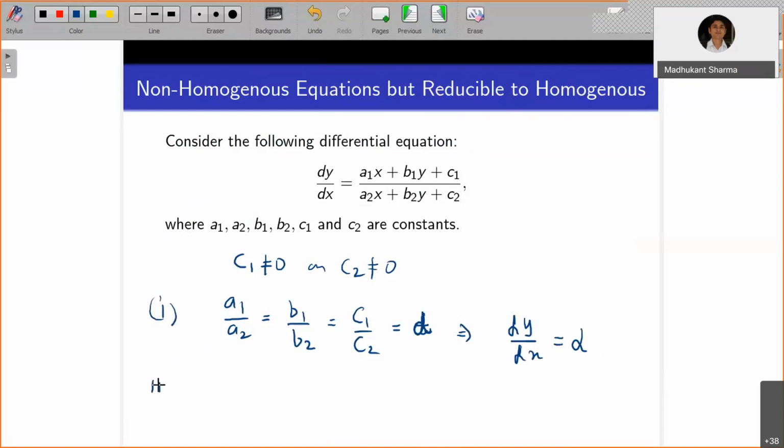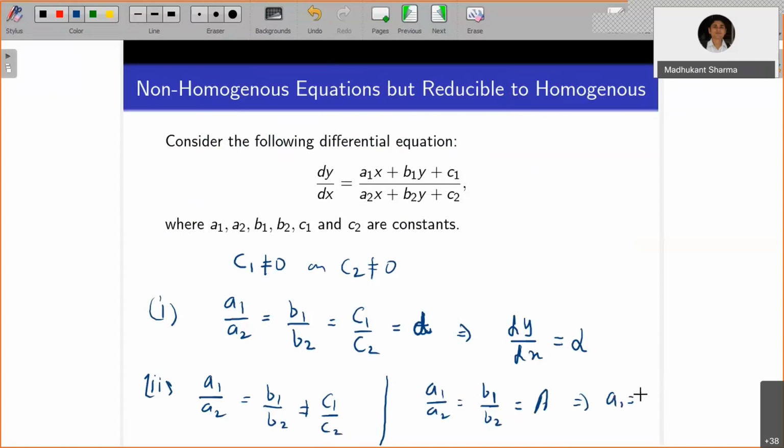Now the second case is, suppose a1 by a2 is equal to b1 by b2, but not equal to c1 by c2. In that case, let's say a1 by a2 is equal to b1 by b2 is equal to, let's say, some a. So this implies a1 equals a times a2 and b1 equals a times b2.